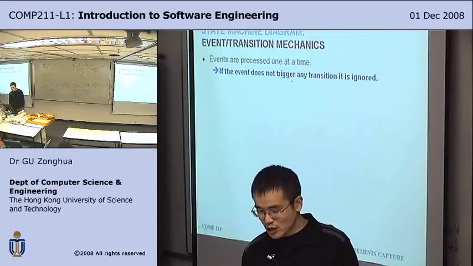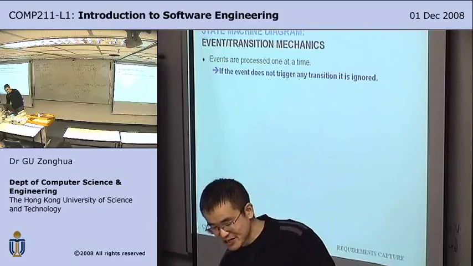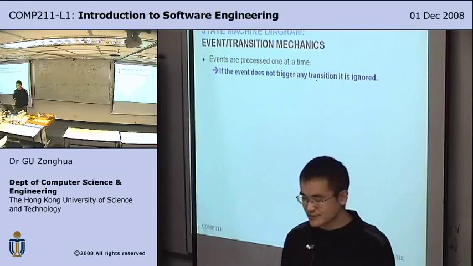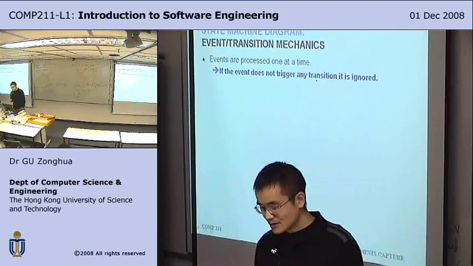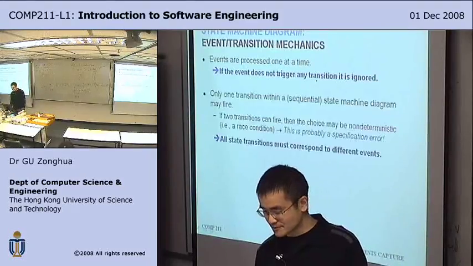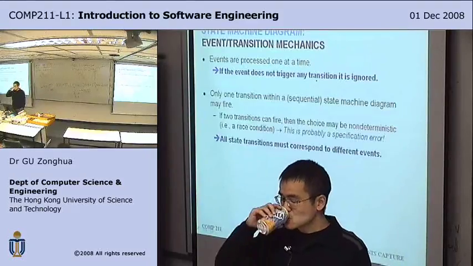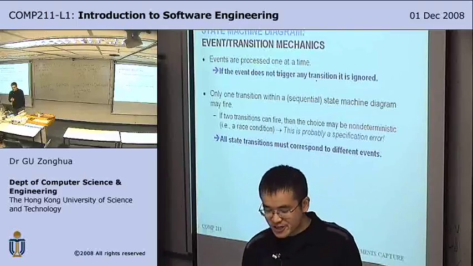So events are processed one at a time. If the event doesn't trigger any transition, it's ignored. That is, if the current state does not have an outgoing transition with the event as the trigger, then just drop it, ignore it. So it should be deterministic.